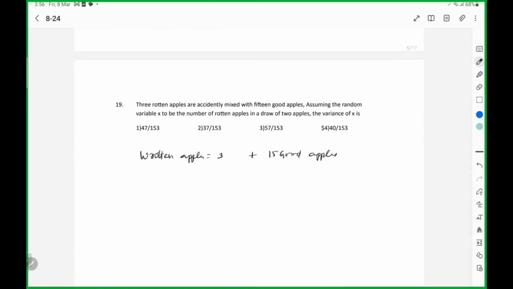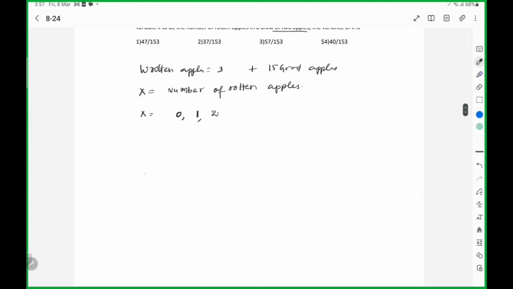Assume the random variable x is defined as the number of rotten apples in a draw of two apples. If both are good apples, then rotten apples are zero. One of them may be a rotten apple. Maybe both apples are rotten.